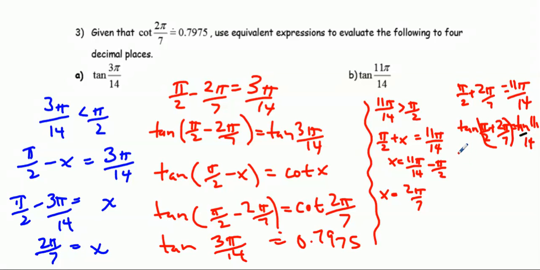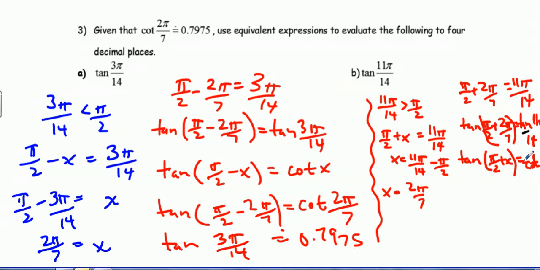Okay. So I look in my formula sheet and I see the tan of pi by 2 plus x is equal to the minus cotan of x. So make sure it's minus cotan of x there. And then I'm just going to put in my x value, which is the tan of pi by 2 plus my x value, which is 2 pi by 7, is going to equal minus the cotan of 2 pi by 7.